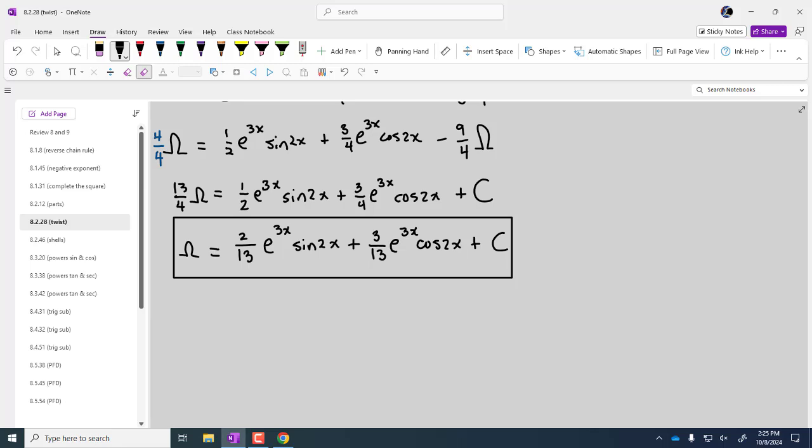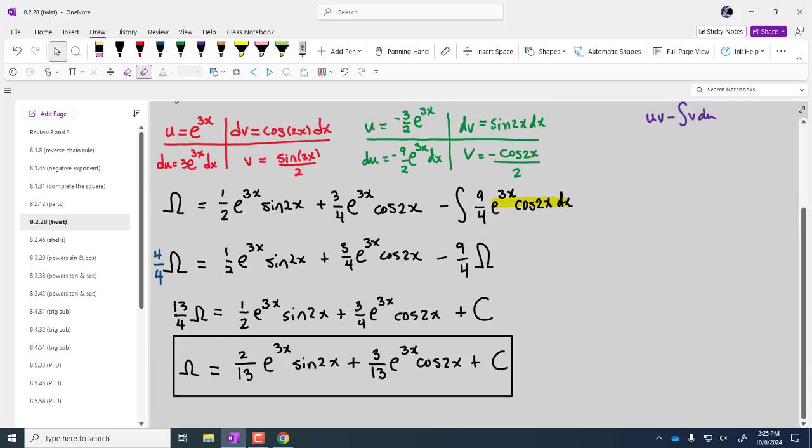Because c eats things. It's like a little Pac-Man. Gobble, gobble, gobble. Gobbles up other constants.